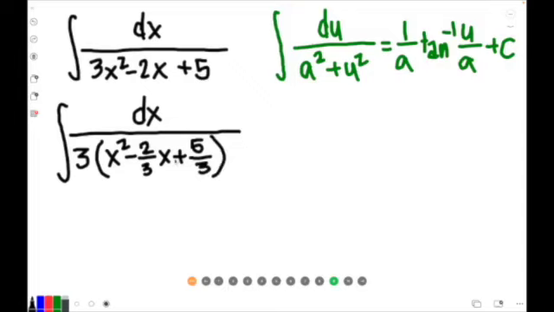This is not yet a perfect square, so what we need to do is complete the square. So next step would be to keep the 1/3 outside of our integration sign. We have dx here.